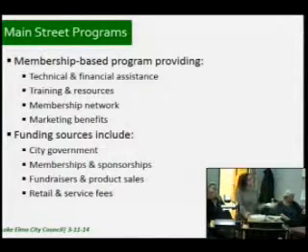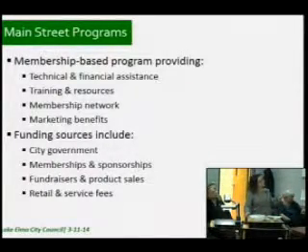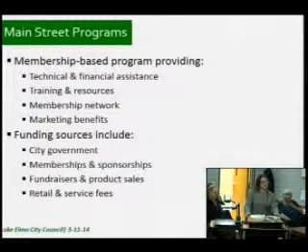Main Street is actually a membership-based program, and as I mentioned before, they provide technical and financial assistance, training, and resources. That's a big part of what they do. They give you access to a membership network and then marketing benefits. You can apply to be a designated Main Street city, and if you're chosen for that, you can use that as part of your marketing, that you are a Main Street city, which is really beneficial.